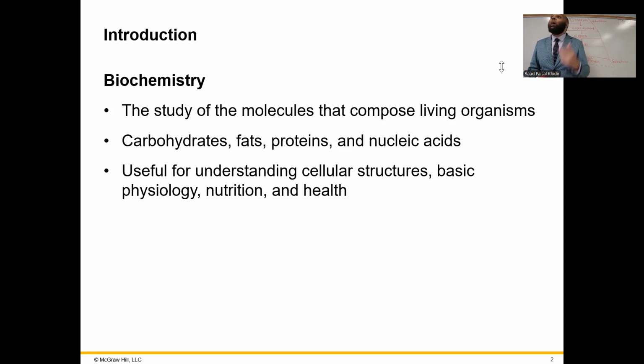That is biochemistry. So in biochemistry we're going to be studying the molecules that compose living organisms. We're going to be studying the lipids, the sugars, the nucleic acids, and the proteins. These are the biggest families that help us stay alive, which are the carbohydrates, the fats, the proteins, and the nucleic acids.